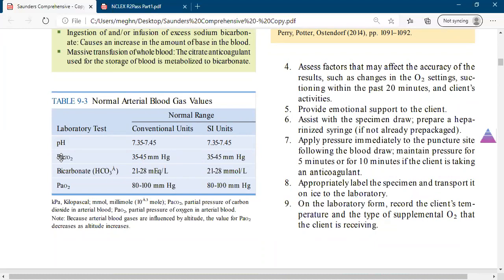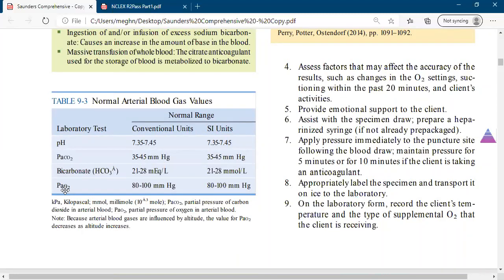Carbon dioxide is the marker of respiratory change, carbon dioxide in the lungs. Bicarbonate ion is the marker of GI or gastrointestinal change, and there is the partial pressure of oxygen. The pressure of oxygen can help you understand your patient's condition.